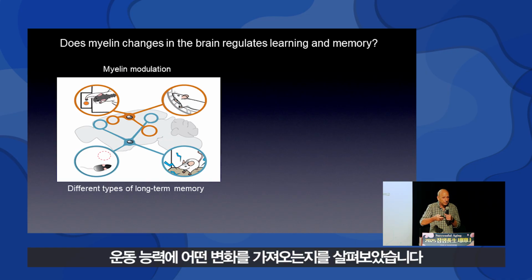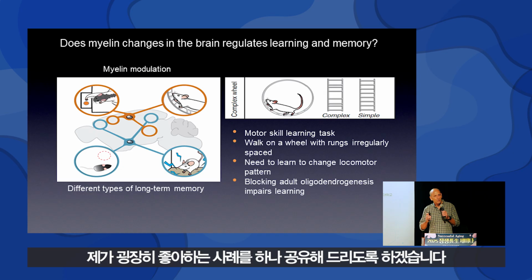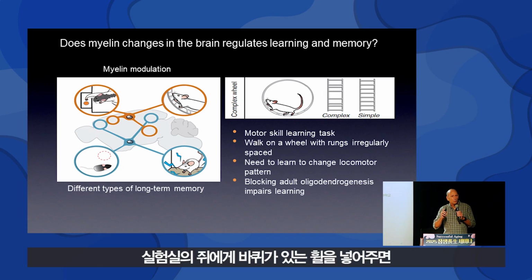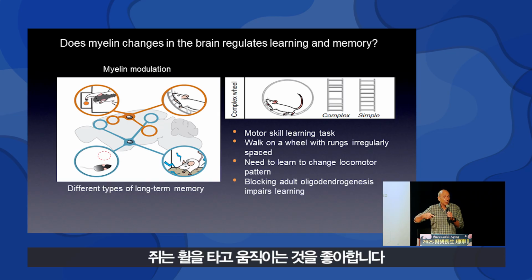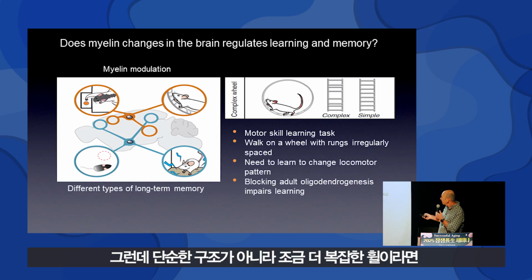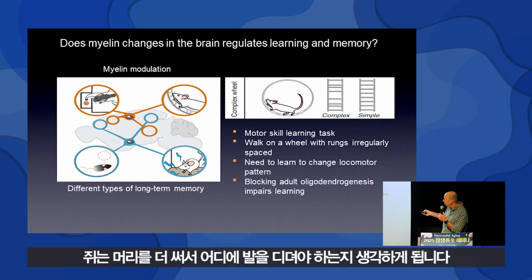I will give you one example, and I love this example. If you take mice and you let them run on a wheel, they will run, right? They love to run on a wheel. But now if you take the wheel or the ladder and you take out some of these rungs and change the wheel itself, now it takes them time to learn how to do it.